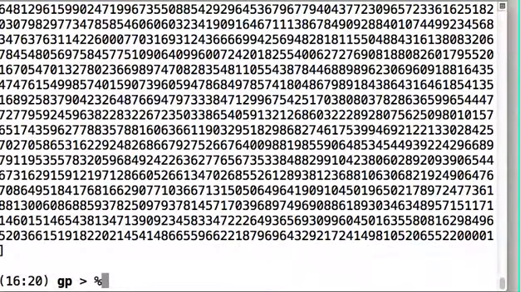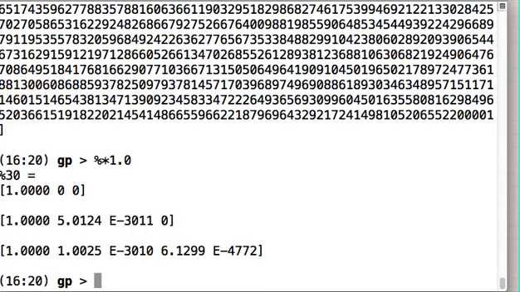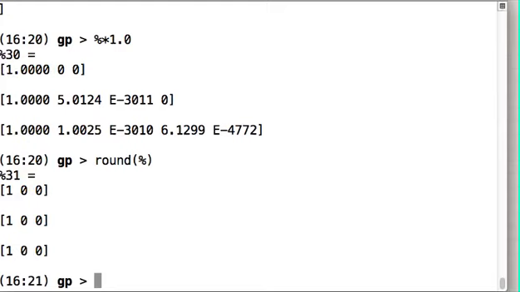Whoa, that's crazy. This is P to some crazy power. For any power of P, the very first row will always be 1, 0, 0. The second row will always have a 0 here. In fact, these other numbers are so small that if I round this matrix, it essentially looks like 1, 0, 0.